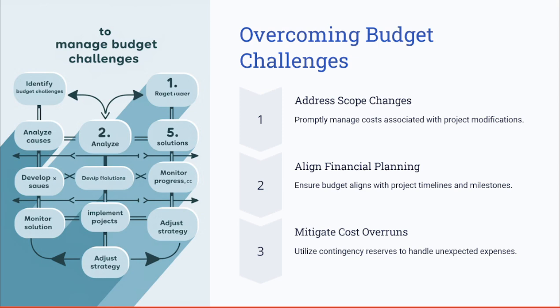So how to overcome these challenges? By addressing the scope changes promptly to manage the costs and making sure that the stakeholders are aware of the impact of these changes, as scope changes could impact the budget control and the budget baseline.